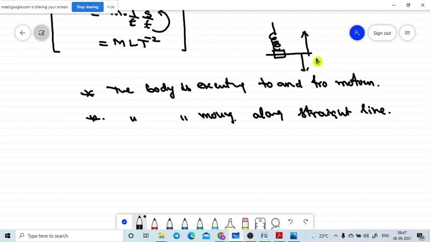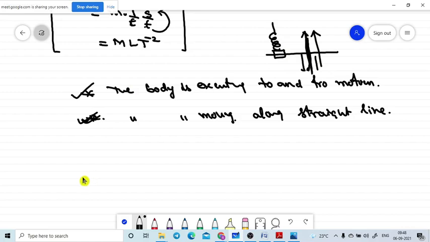That means it is to and fro, back and forth motion. And every time the body is moving in the same line, so this condition is also satisfied.